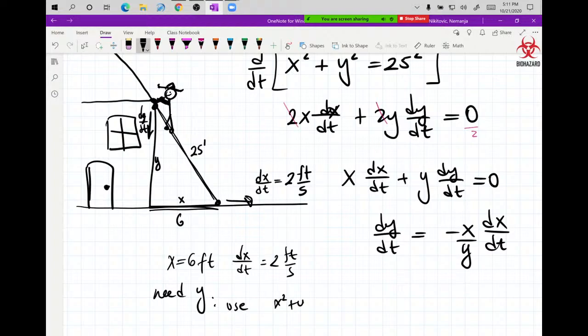So I can use x squared plus y squared equals... no, sorry, 25 squared is 625. And then you put this x in here as 6, and that will give you the y. Plug in 6, plug in 2, plug in whatever y you get, and there's your dy/dt.